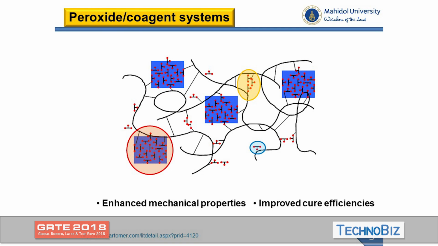A coagent is a kind of multifunctional monomer which is capable of reacting with the free radicals from the peroxide. And many segments can be formed by the use of the coagent.